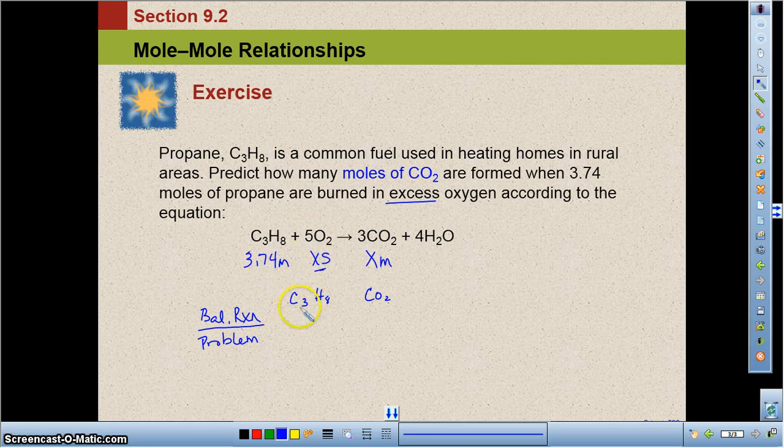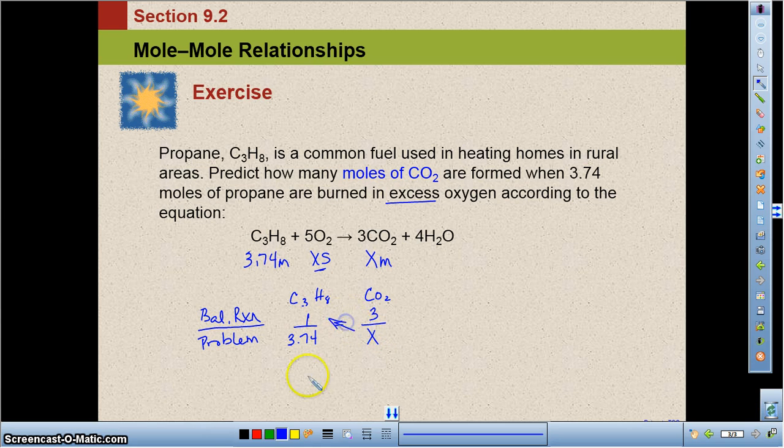So we have 3.74. Oh, that's from the problem. Let's go back and get the balanced reaction. Sorry. Okay. 1, because that's your coefficient here, and carbon dioxide is 3. And on the bottom, we're going to put, from the problem, we have 3.74 moles of propane, and I want to know how many moles of carbon dioxide that is.